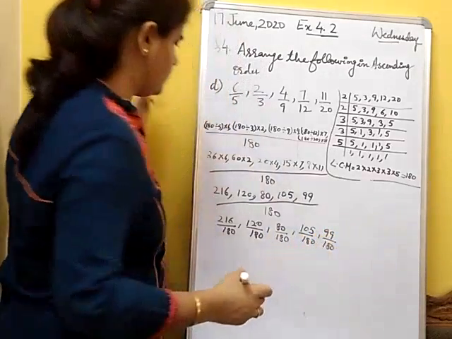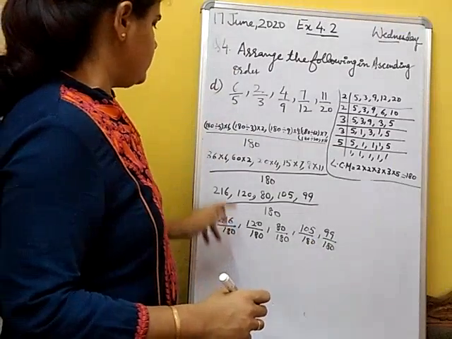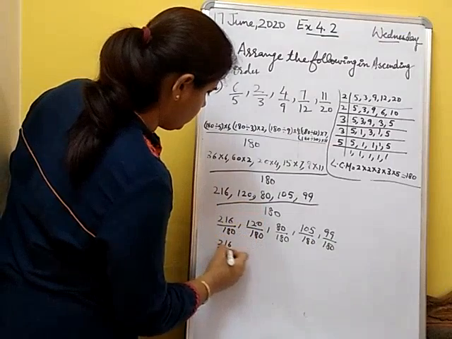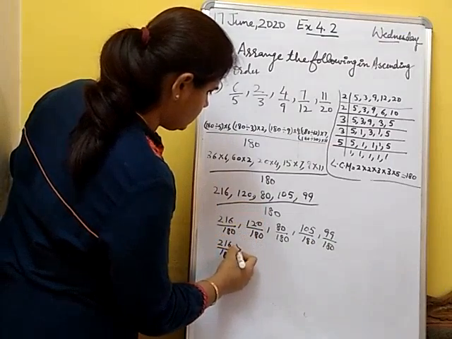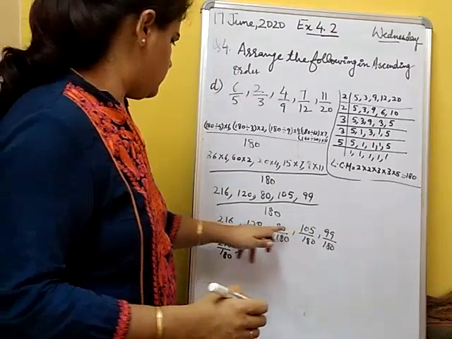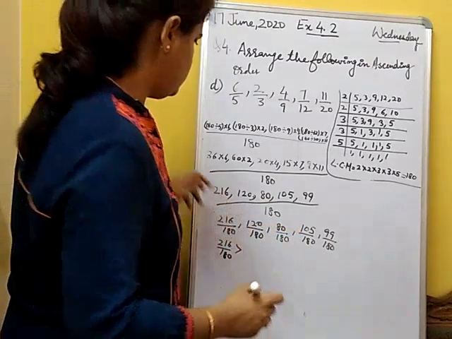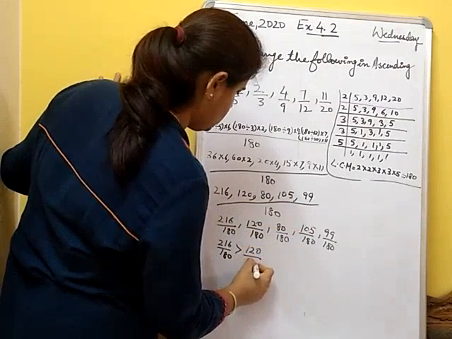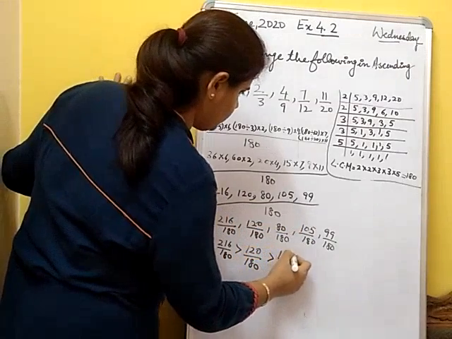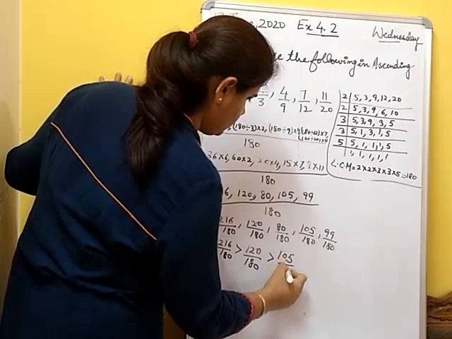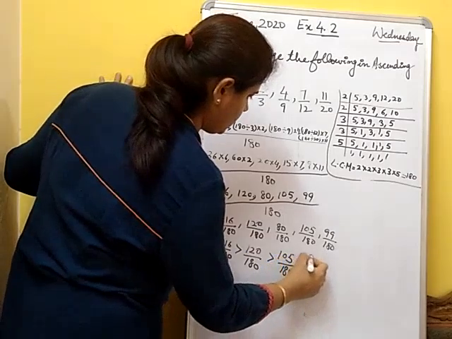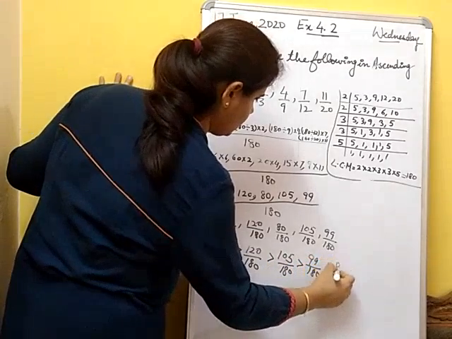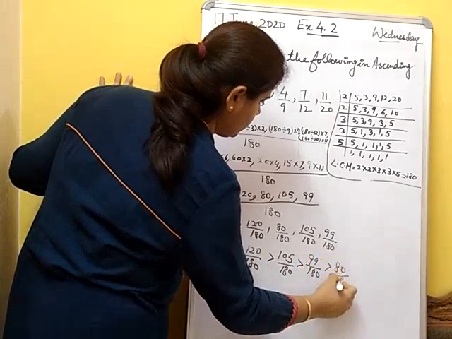So which one number is greater? 216. 216 upon 180 is greater than this number, 120 upon 180, then 105 upon 180, then 99 upon 180, then 80 upon 180.